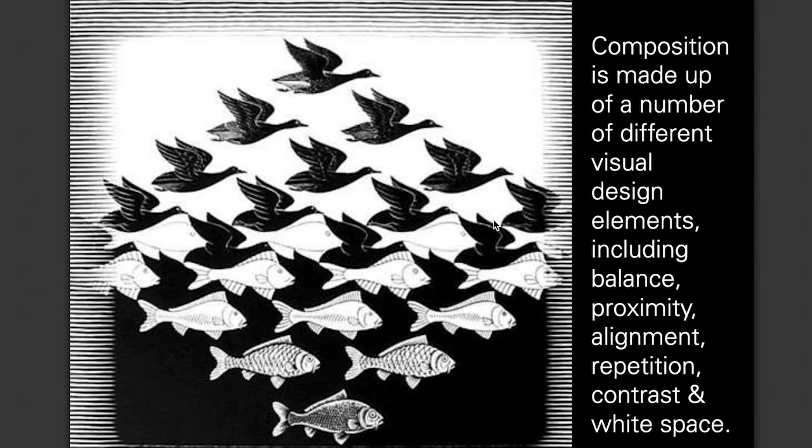And then obviously there's something called patterns that sometimes creates that focus, that attention. Composition is made out of a number of different visual design elements, including balance, proximity, alignment, repetition, contrast, and white space.